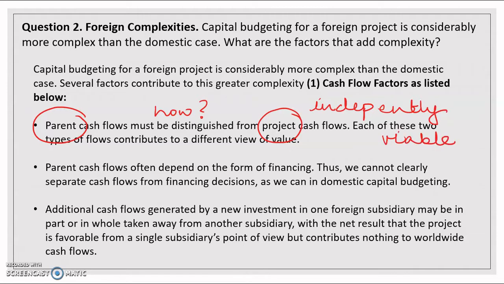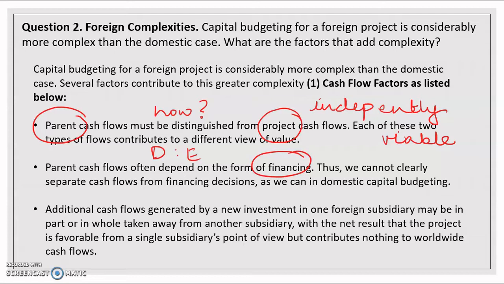The second cash flow factor is that parent cash flows often depend on the form of financing, right? Parent cash flows, meaning when they are deciding to invest in a project, they will have to look at how to finance the project, right? So it's very important to separate out cash flows from financing decisions, as in operating decisions.